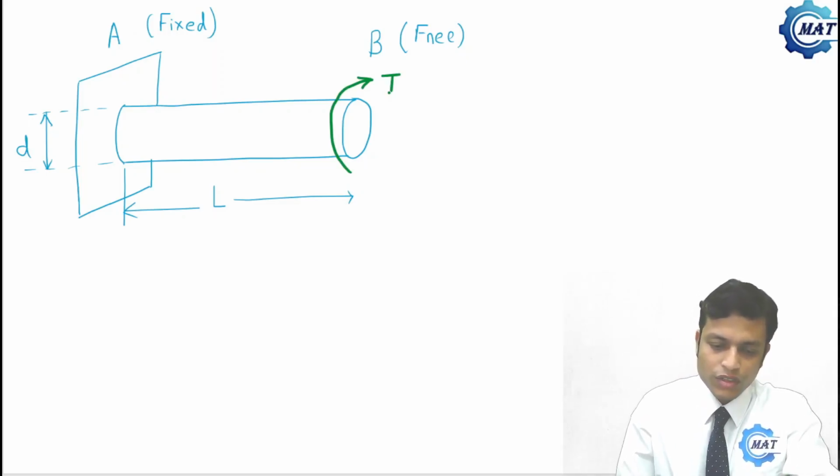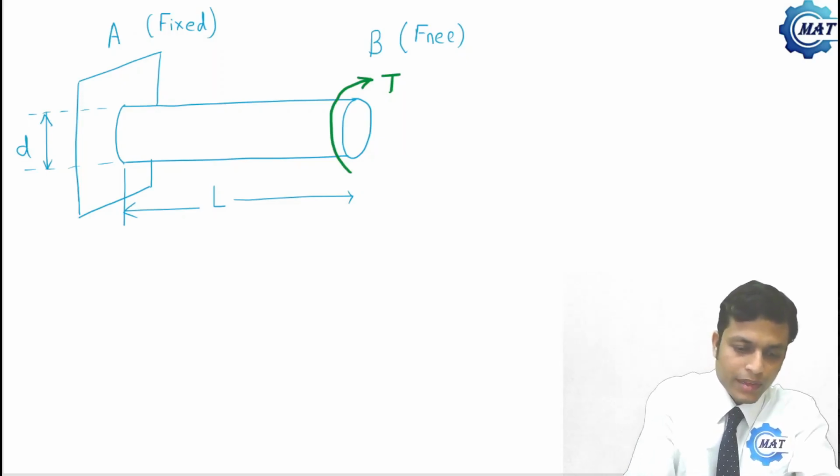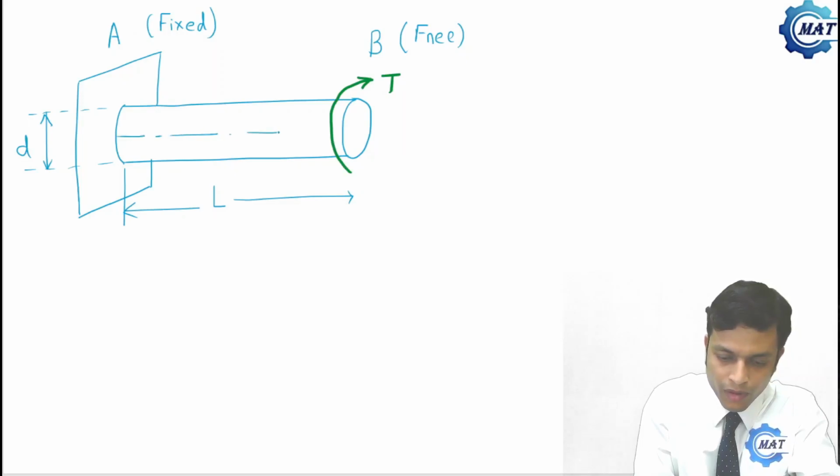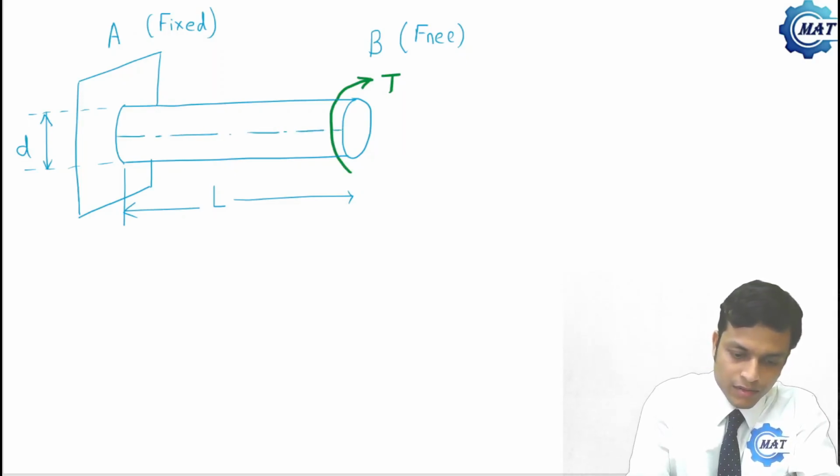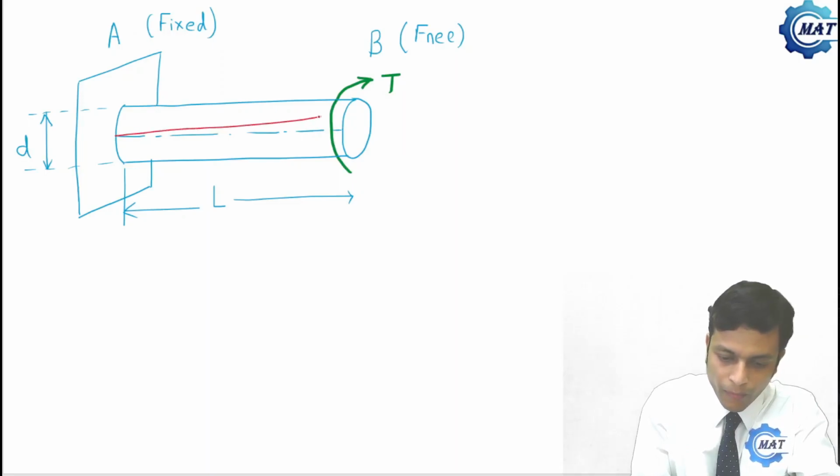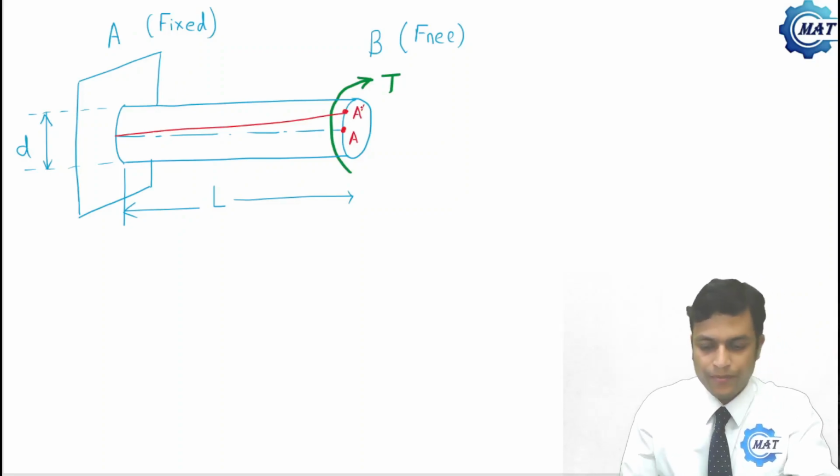Now, due to this moment, what will be the deformation of the shaft? How will it deform? On the free end, this point was A and this point A will move to A prime.